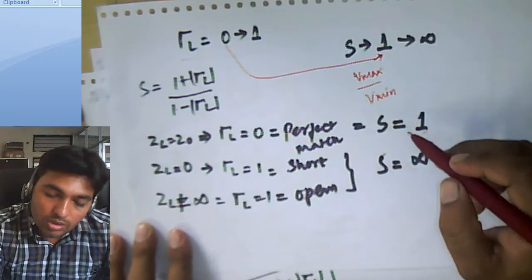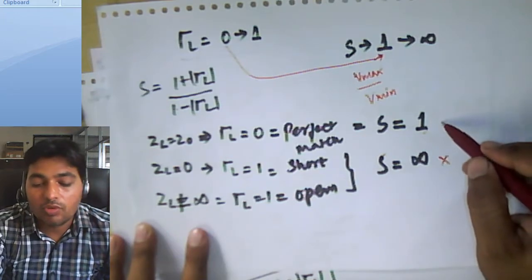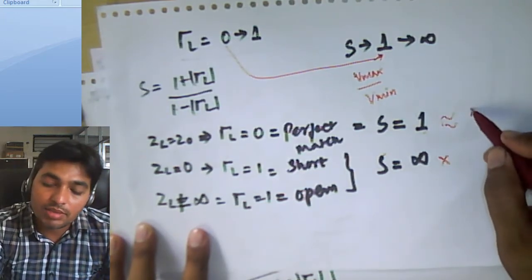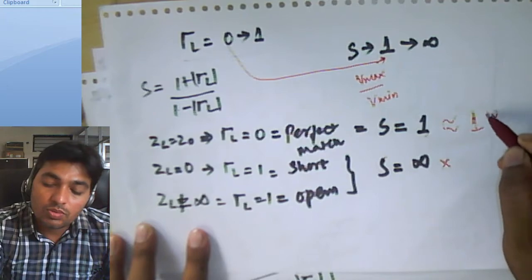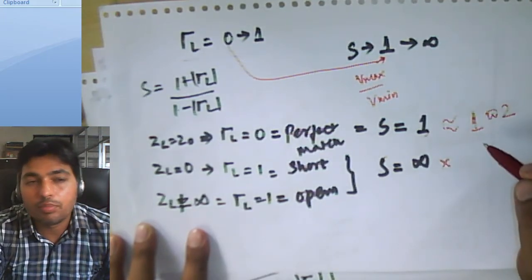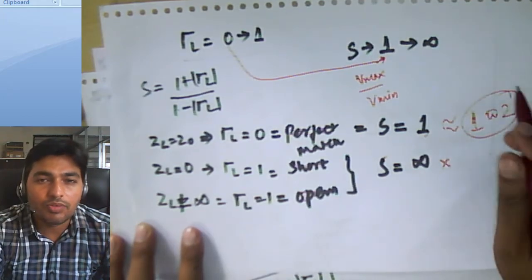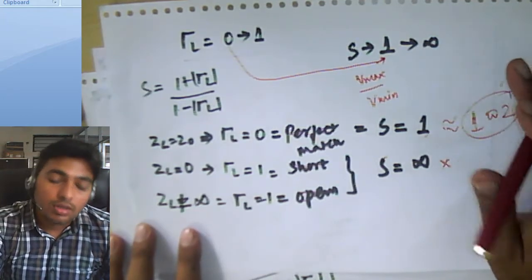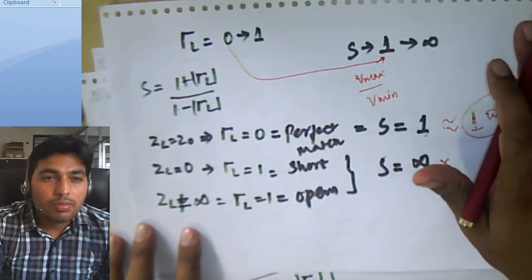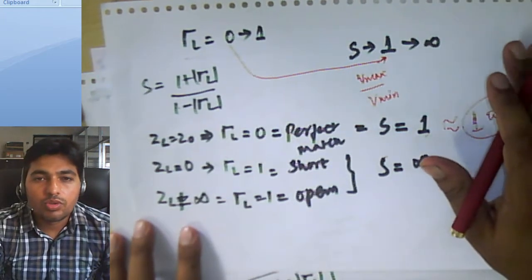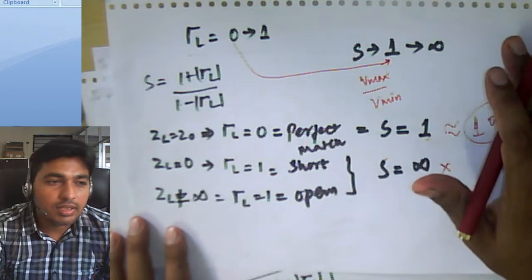We don't want this at any time. We always want VSWR between 1 and 2 in any component or any microwave circuit. It represents a good match in a component or a microwave circuit.